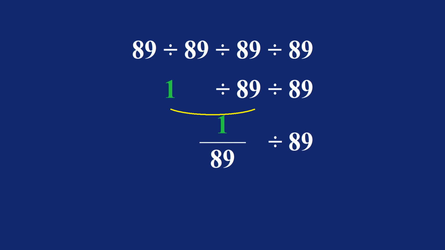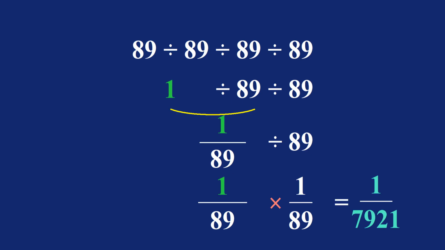So we must keep the first fraction 1 over 89 and change division to multiplication times, then flip the second fraction 1 over 89, which equals 1 over 7,921. And this is our final answer for this problem.